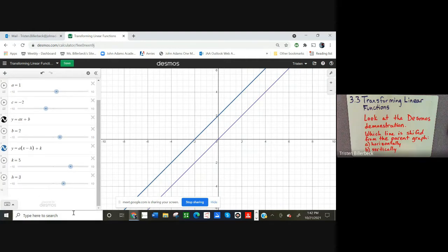But we found h, which is the horizontal shift. Okay, so h is at 3 when it all lines up. Okay, but we had c at -2. So it does go through -2 on the x-axis, and it does go through 2 on the y-axis for b. But this is a little different.